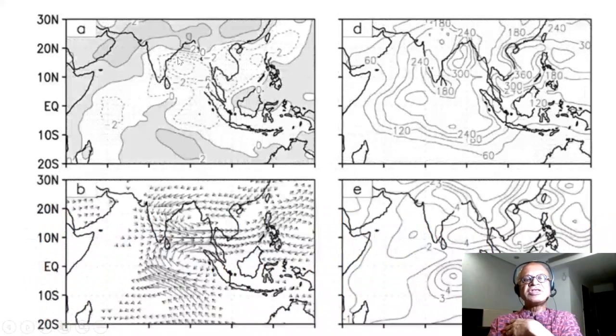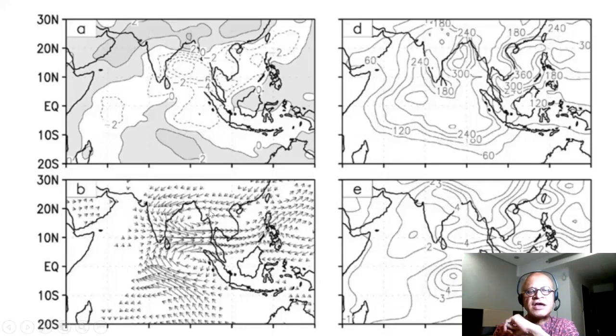So you can see the structure here in OLR. It's focused on the Bay of Bengal extending into the subcontinent, so that's consistent with the northwestward propagation of the 10 to 20 day time scale features.